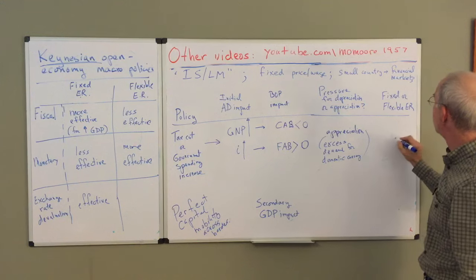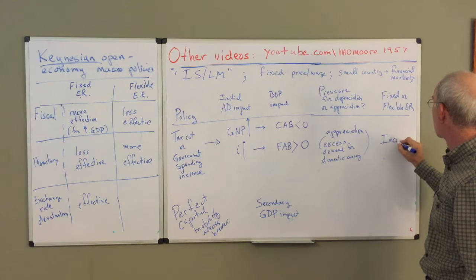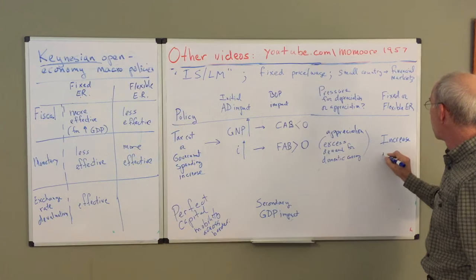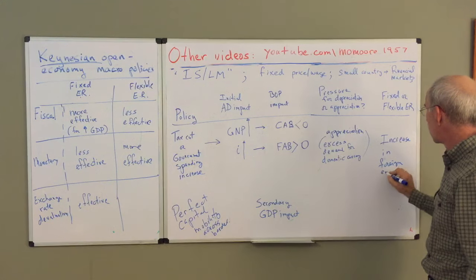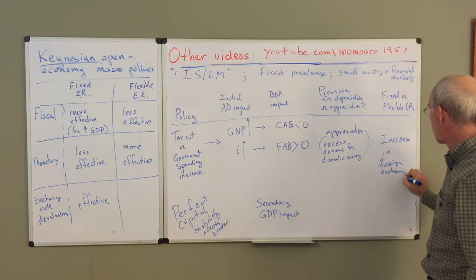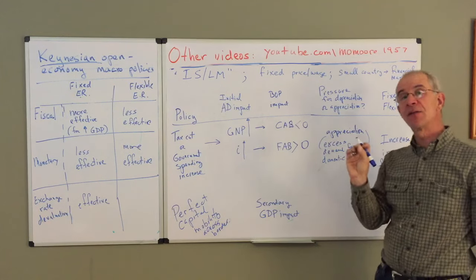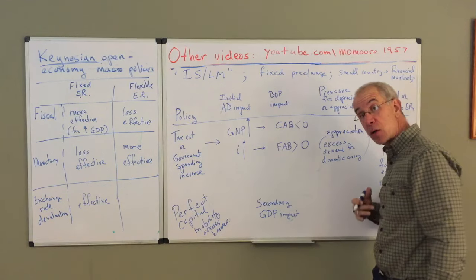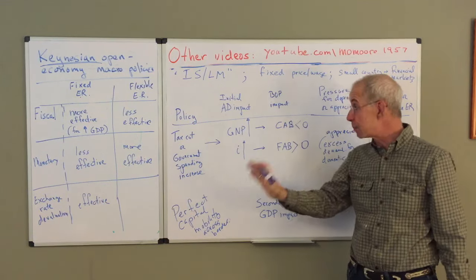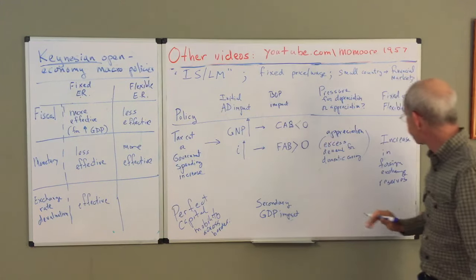So what you have is an increase in foreign exchange reserves as the central bank prevents the exchange rate from appreciating. You have to get domestic currency out into the foreign exchange market to prevent the appreciation from occurring.